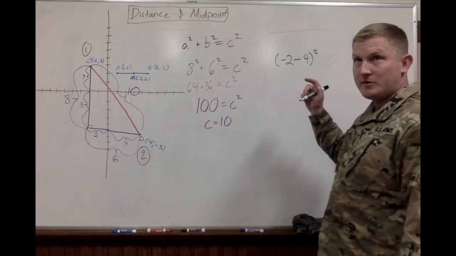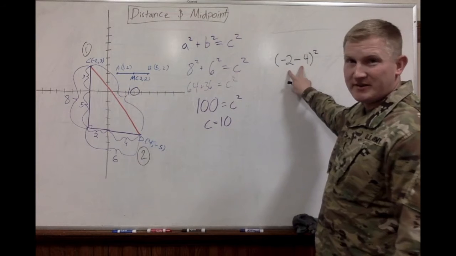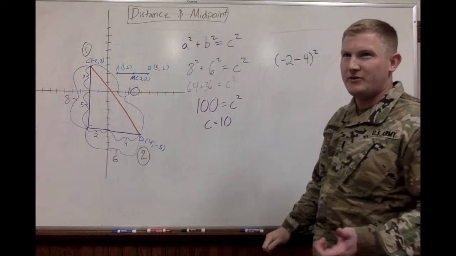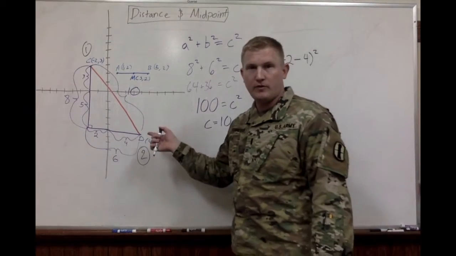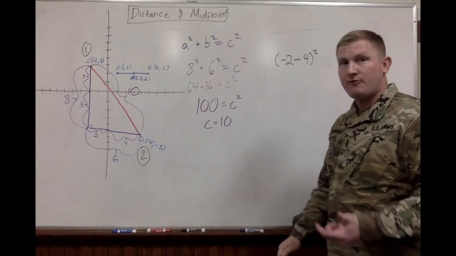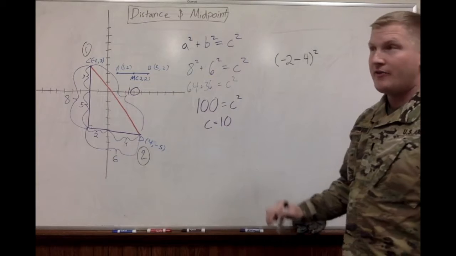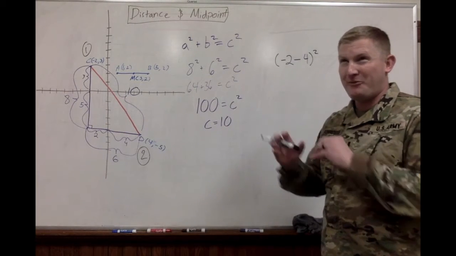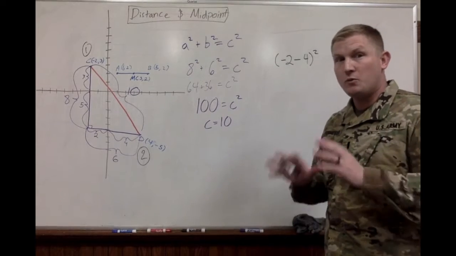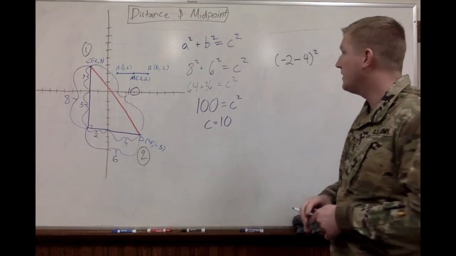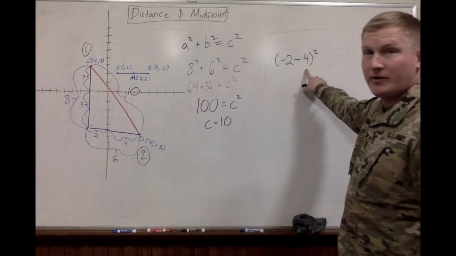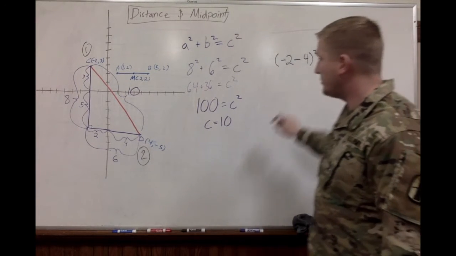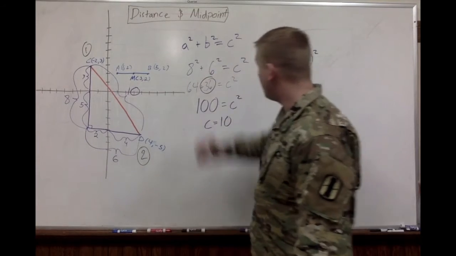Because if we take the sum, if we made it -2 plus 4, that would get us +2, and that is not the length of one of our sides. But by taking the difference, knowing that we're going to square it, it's like we want to get the negative version of the absolute value so that when we square it, everything works out okay. Because -2 minus 4, that's -6, but it doesn't matter that it's negative because once it's squared, we're still going to get our 36 right here.